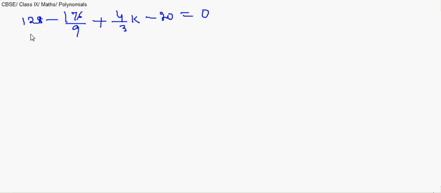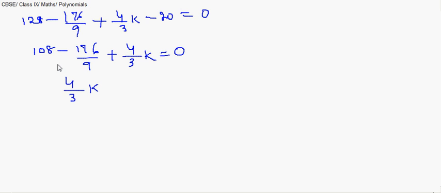So to do so, 128 and minus 20, that will give us, this and this is 108, right? 128 minus 20 is 108 minus 176 by 9 plus 4 by 3k equals 0. 4 by 3k, it is 108. 108 into 9 would give me 972 minus 176 is 796, I guess.